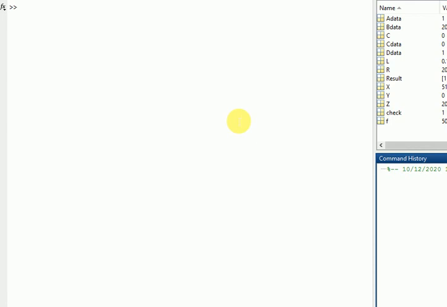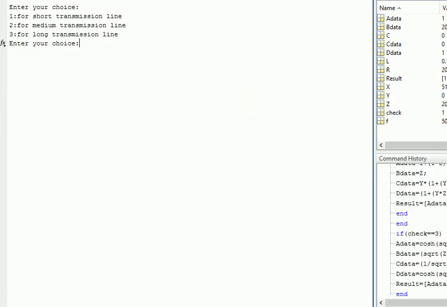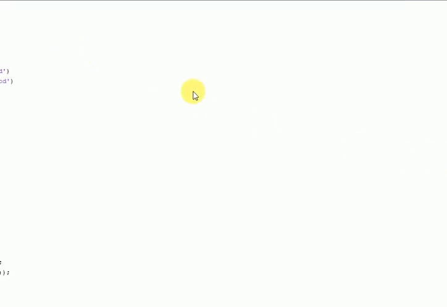So let us see. Okay, so before we feed the data which are asked over here, let's see the programming, means how these parameters can be evaluated. So let us discuss these parameters first.